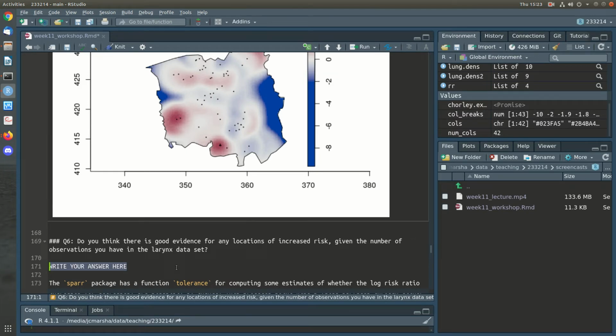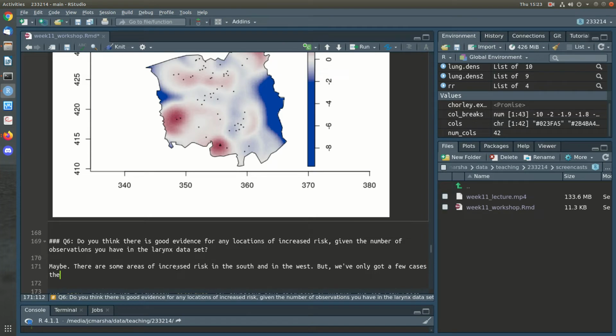I think the best answer here is maybe. There are some areas of increased risk in the south and in the west, but we've only got a few cases there. 2 in the west and maybe 4 in the south.